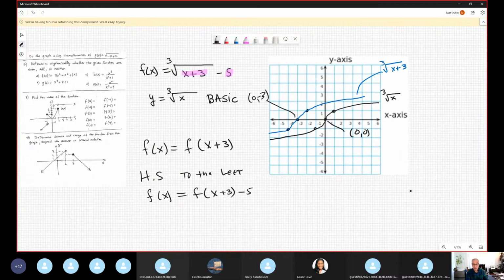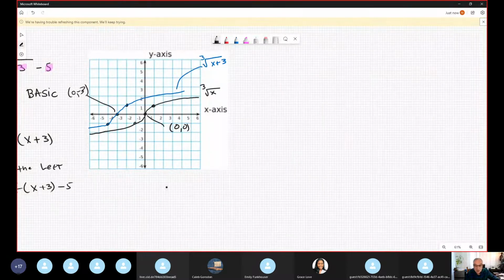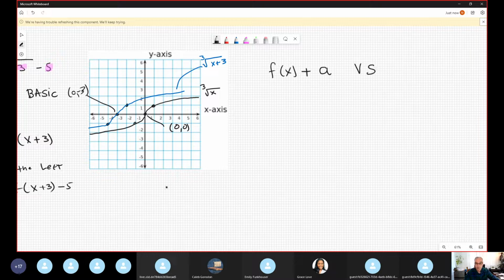Confusing? Look. When you have a function and you add or subtract a number, this is a vertical shift. For reflection, the only thing you should do is replace x with negative x. This is one kind of reflection.